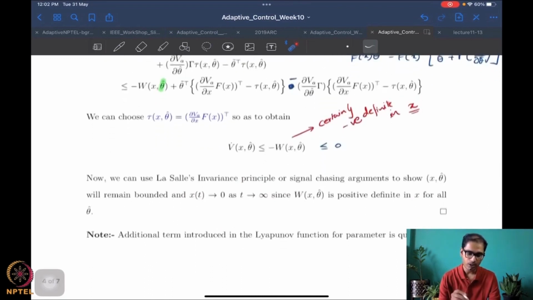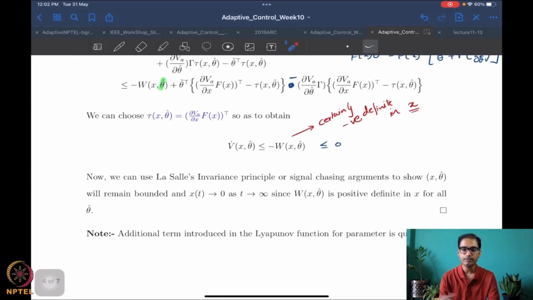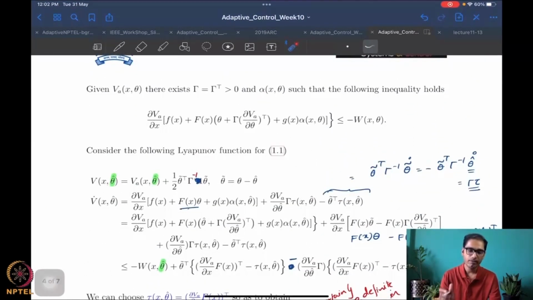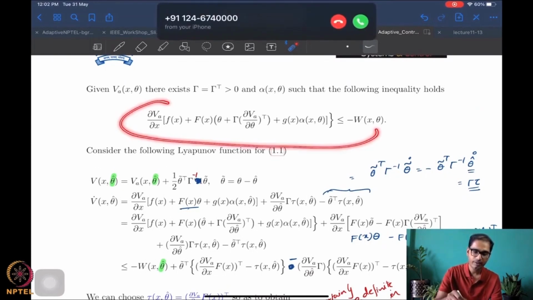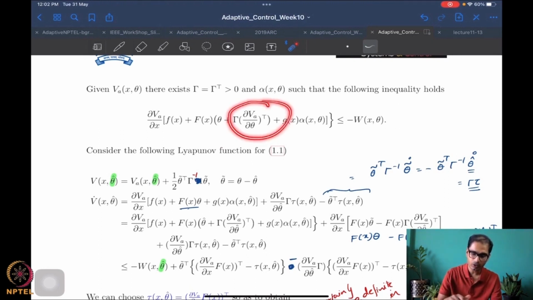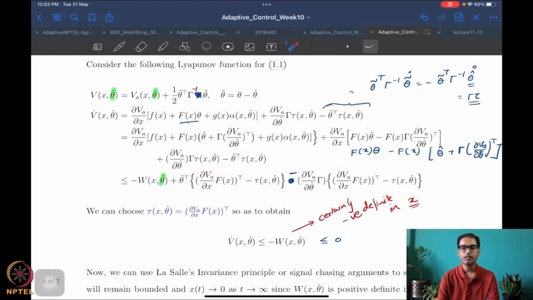Yeah. So the important thing to remember is that the additional term introduced is a quadratic term in the parameter, right? And we have essentially proved that the original system 1.1, by virtue of having an ACLF, is in fact adaptively asymptotically stabilizable, right? And that's why we had this funny looking additional term, so that this sort of nice cancellation happens. That was the purpose of this additional term.